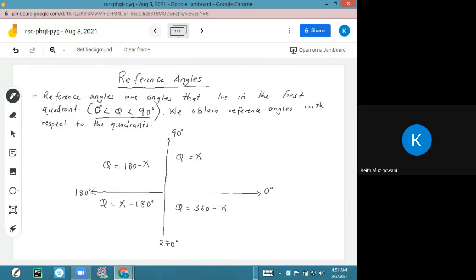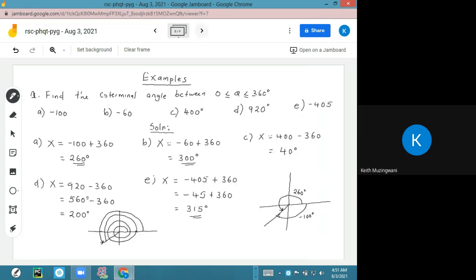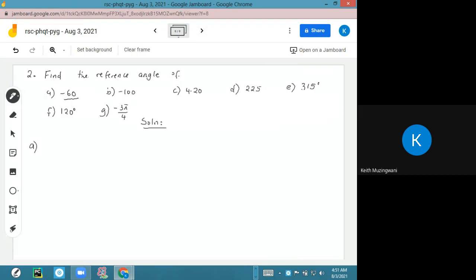We have angles from 0 to 90, 90 to 180, 180 to 270, 270 to 360. So we have no negatives here. Okay, but we have seen that coterminal angles can actually move from negative to positives.